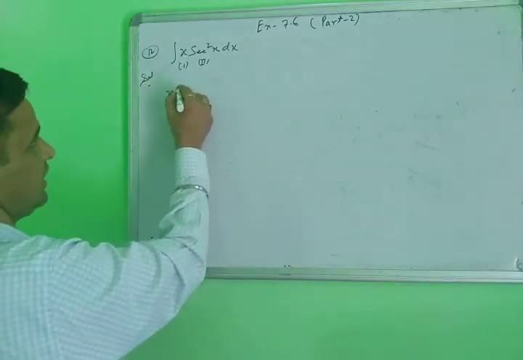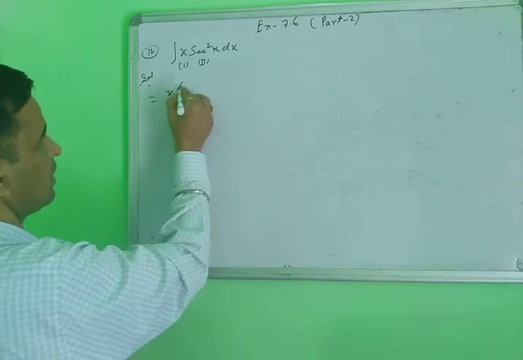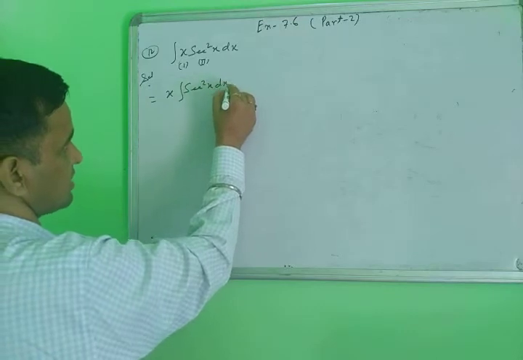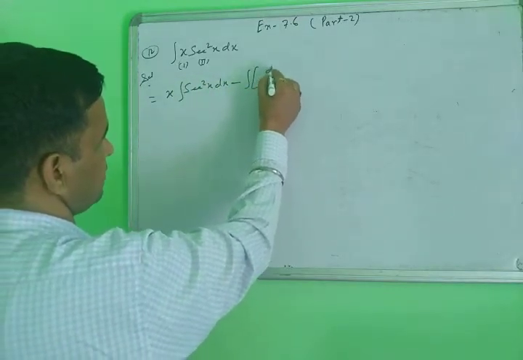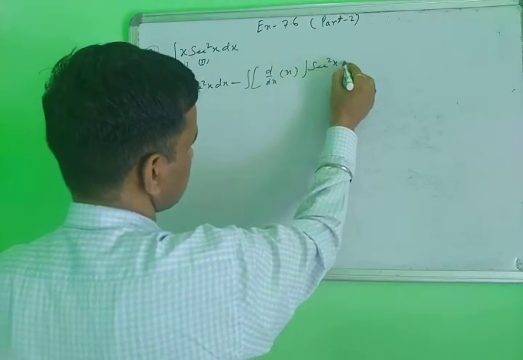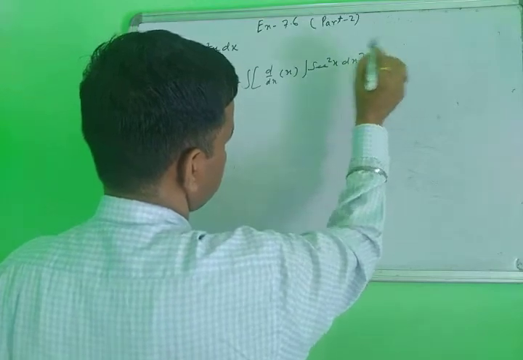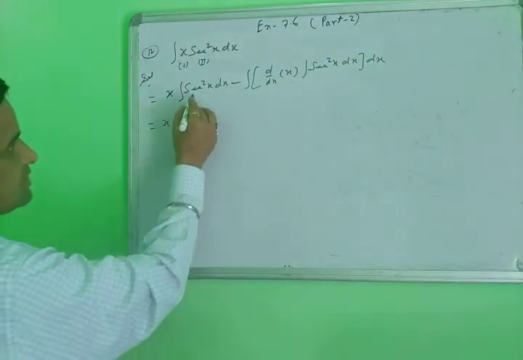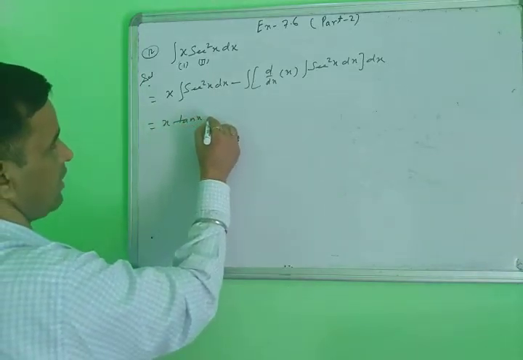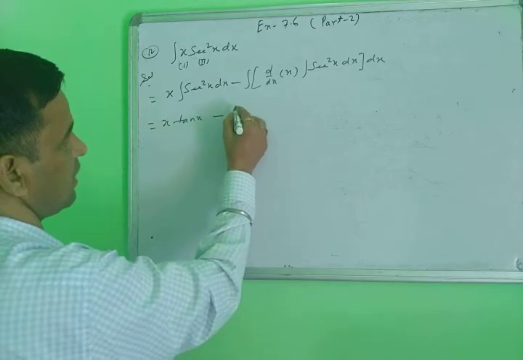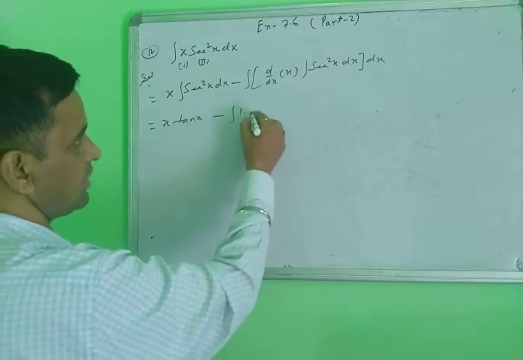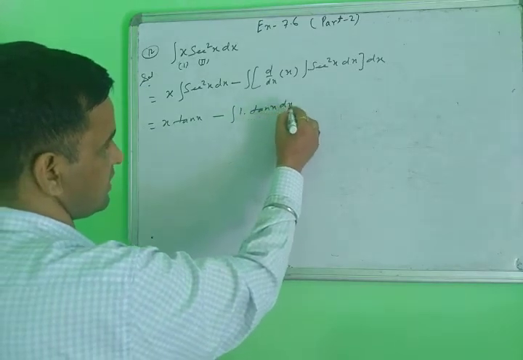First function, integration of the second function, sec square x dx, minus integration of d over dx of x into the integration of sec square x dx. The first function is x. Integration of sec square x is tan x, minus integration of the differentiation of x, which is 1, and tan x dx.